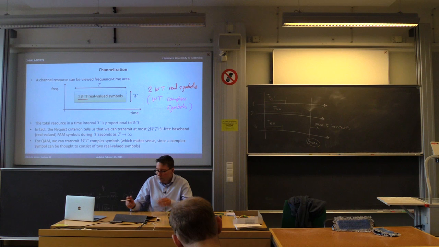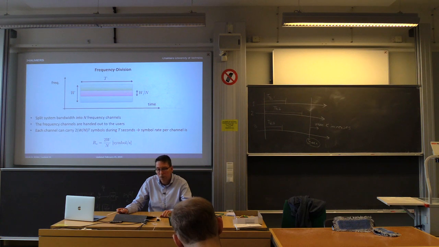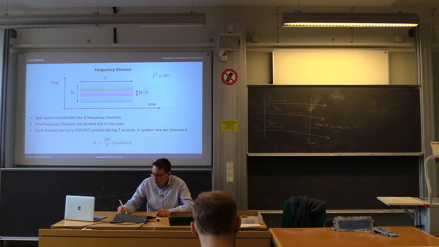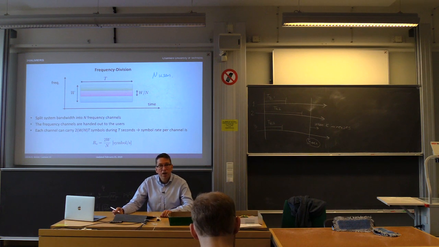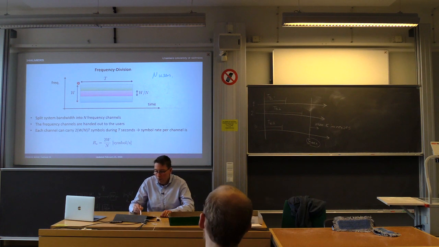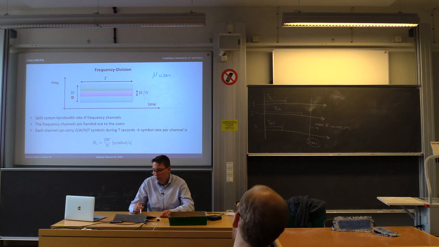Okay, so how do we split this resource? Well, we can split it in time or in frequency. Let's start by splitting it in frequency. Suppose we have n users that we would like to assign channels to. One way to do that is to split the overall frequency, that W, into frequency channels, each of them having a width of W divided by n.